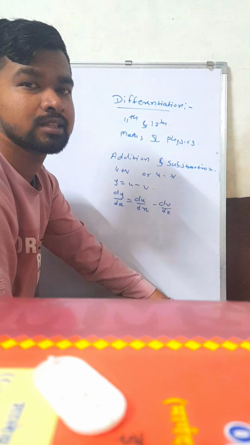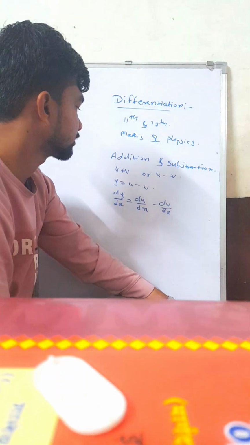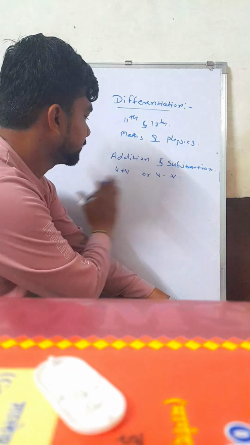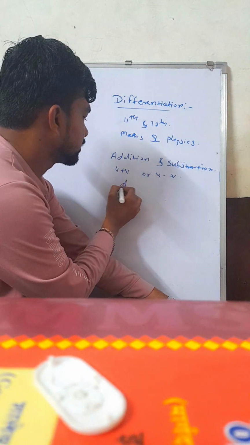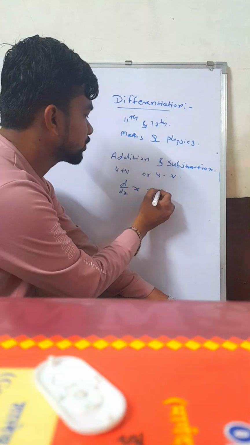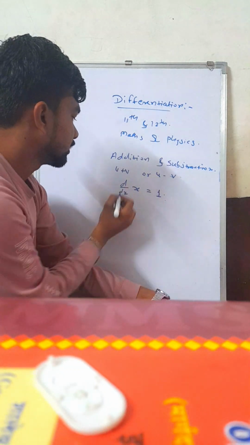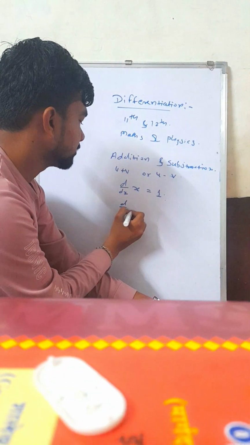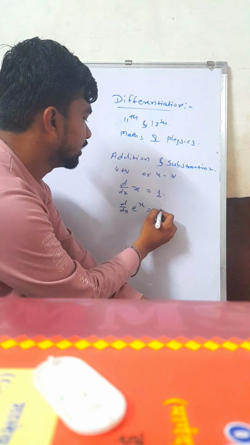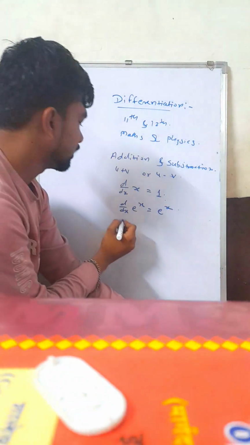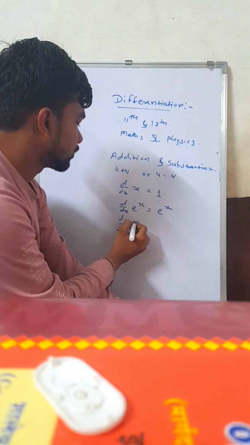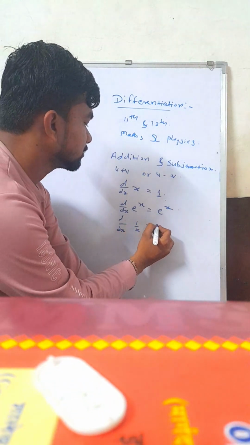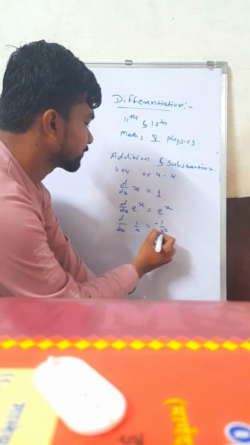For this there are some standard formulas. Differentiation of x, that is d by dx of x, is equal to 1. d by dx of e raised to x is e raised to x. d by dx of 1 upon x is minus 1 upon x square.